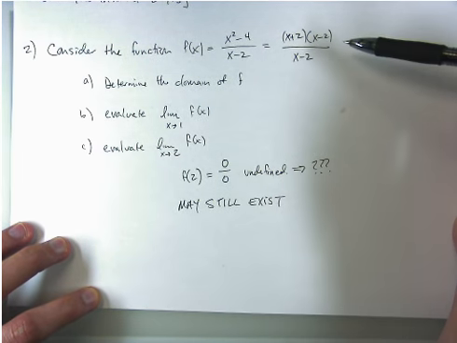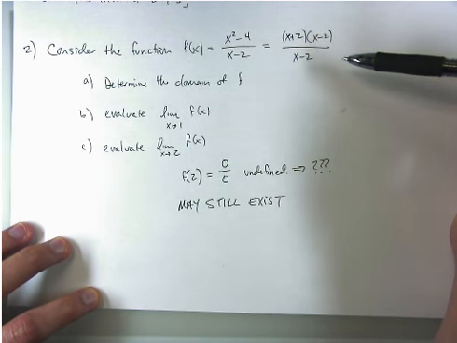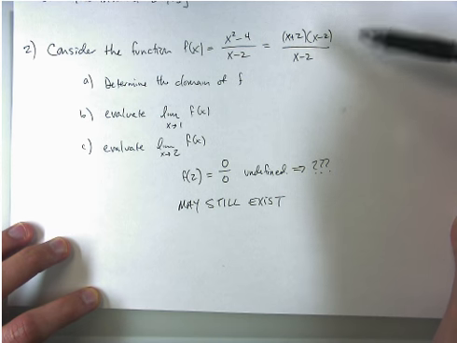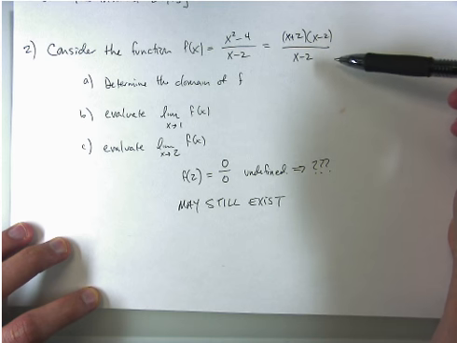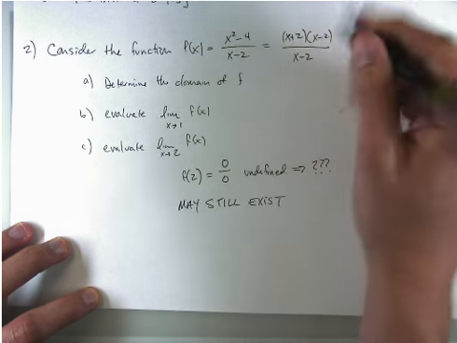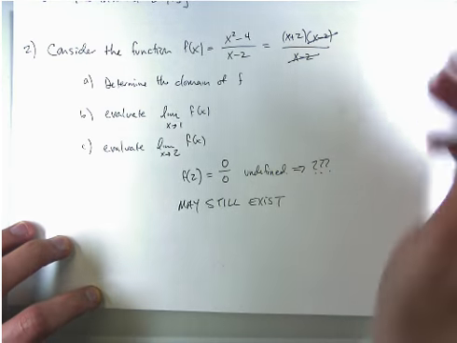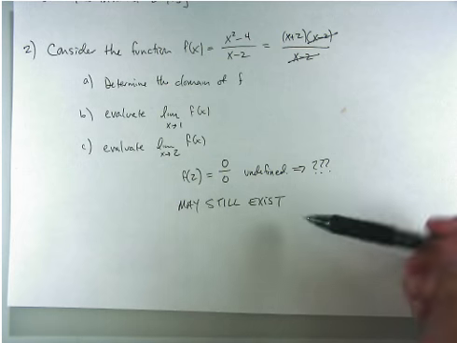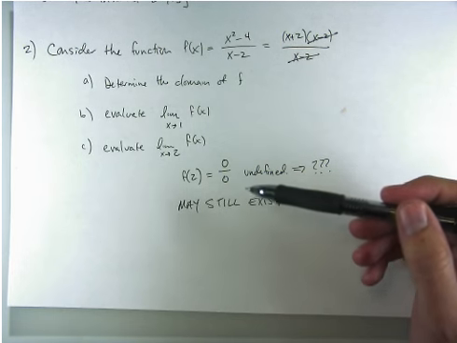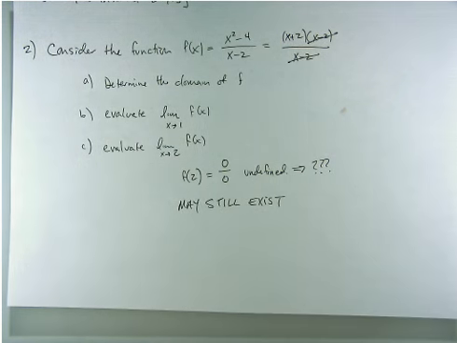It's x plus 2 times x minus 2, divided by x minus 2. And we can see that there's this common factor, x minus 2 in the numerator, and there's also an x minus 2 in the denominator. So that's going to be 1 as long as it's not 0 divided by 0. Because remember that 0 divided by 0 is unknown to us. It's not 0, it's not 1, it's a big who knows.